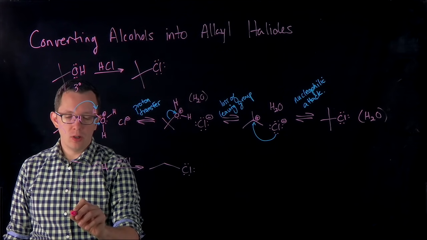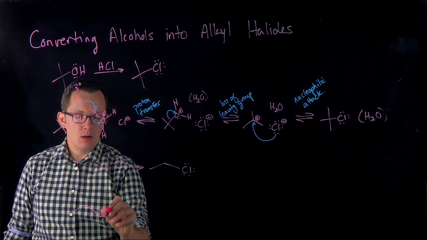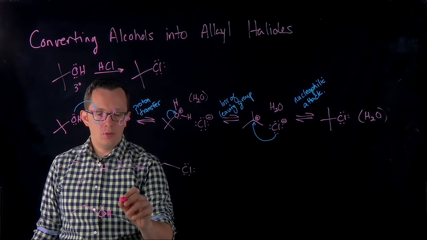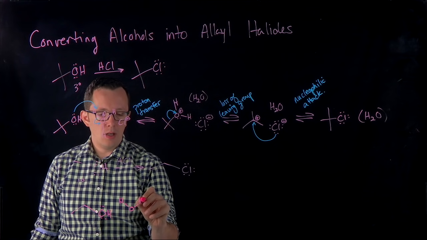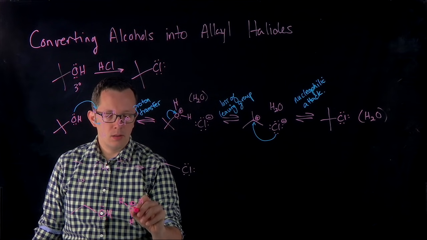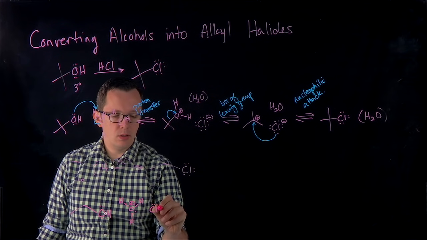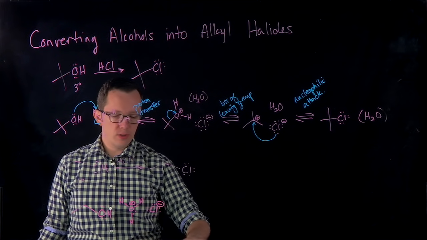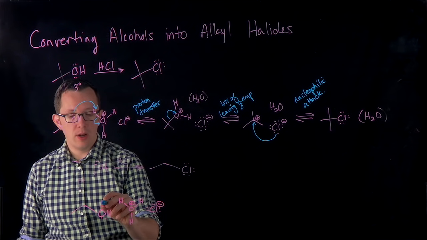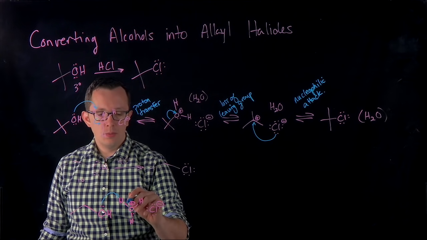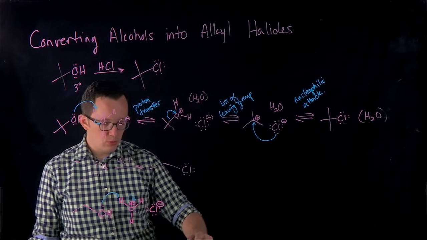So this time, we're going to take our alcohol, and we're going to give it H3O plus and HCl, or chloride, to work with, right? So very first step of this mechanism, we're going to take a lone pair on oxygen, make a new bond to hydrogen, break the OH bond to generate neutral water.